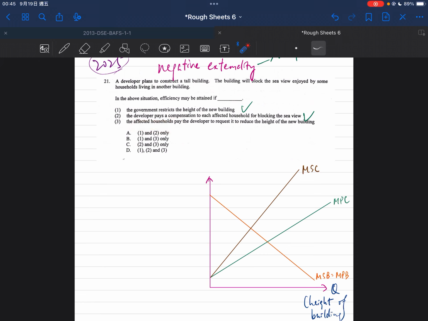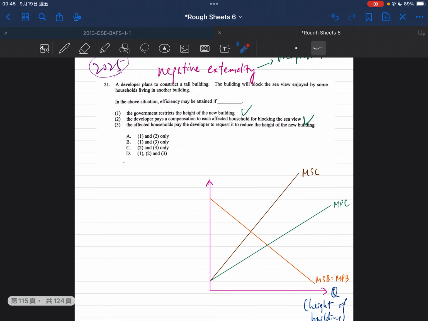If the developer refuses to lower the height, its opportunity cost increases, because if it keeps building such a high building, it will forgo the compensation from the affected households. So its marginal private cost also increases.